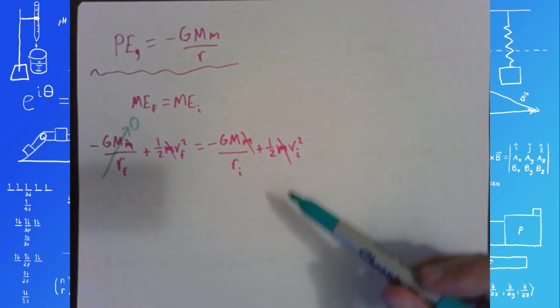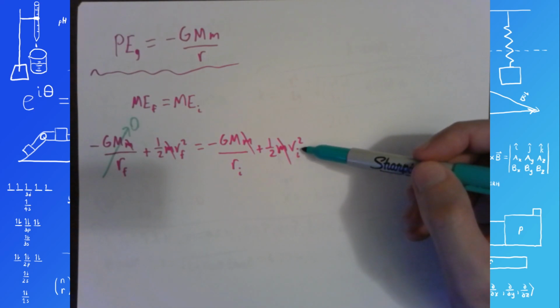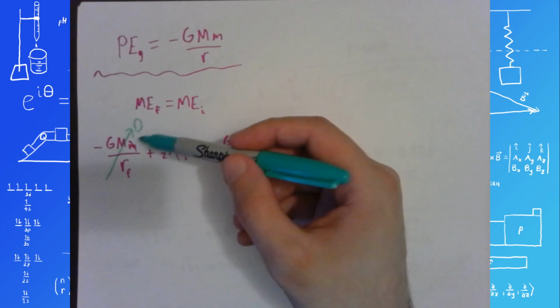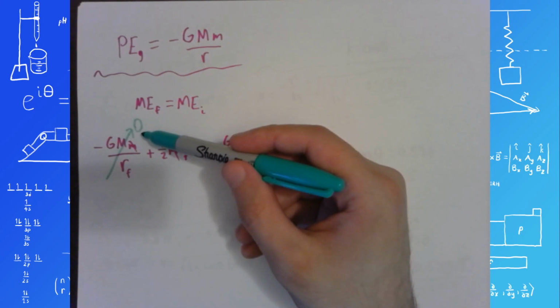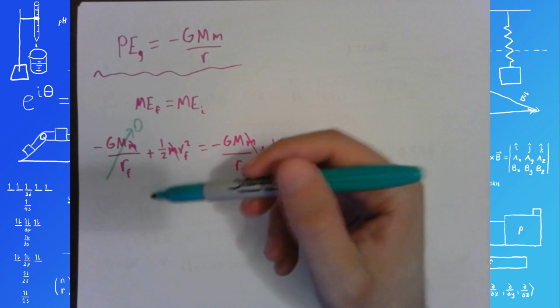Also, if we're talking about just the bare minimum speed, if you want an initial speed that is just the bare minimum to give you enough energy to get here, then if you're only putting in the bare minimum, you should have no energy left over at the end.